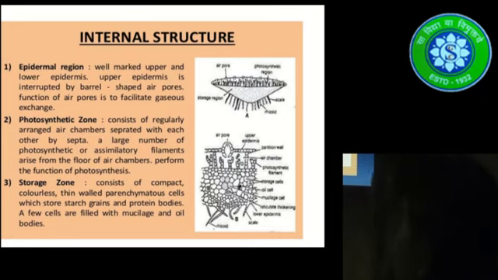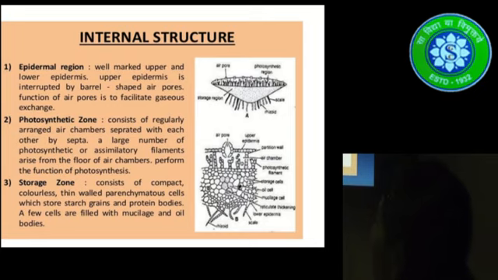First of all, it is a transverse section of the thallus. There are two distinct zones. One is the photosynthetic zone and the lower triangular-shaped area is known as the storage zone. First of all, there is an apical epidermal layer. This is sometimes interrupted by air pores and air chambers.